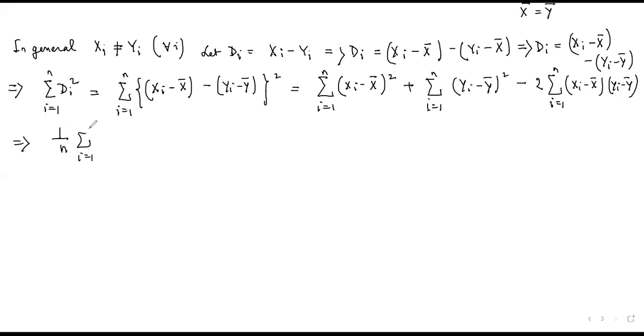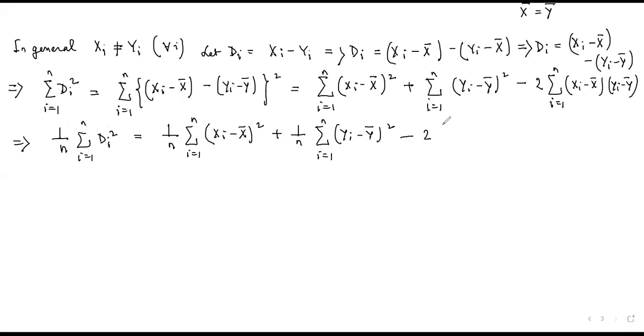So we get 1 by n summation i goes from 1 to n di squared, that is equal to 1 by n summation i goes from 1 to n (xi minus x bar) whole squared plus 1 by n summation (yi minus y bar) whole squared, i goes from 1 to n, minus twice 1 by n summation i goes from 1 to n (xi minus x bar) into (yi minus y bar).